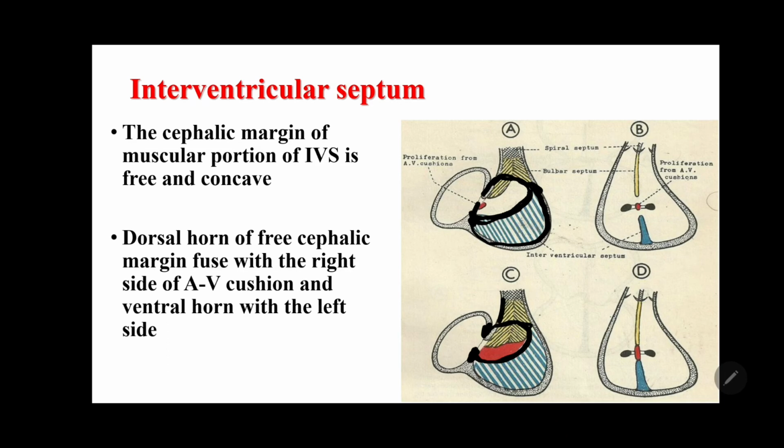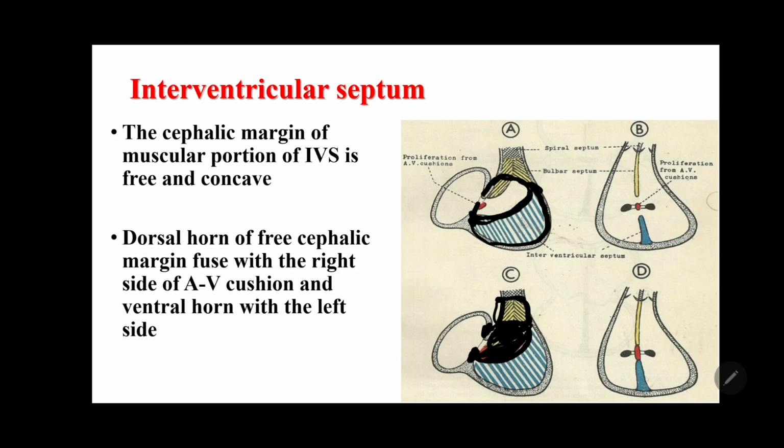And also there is development of this proximal bulbar septum. So this primitive interventricular foramina is closed by contributions from the proximal bulbar septum and also from the septum intermedium. So there are contributions of three factors in the development of the interventricular septum.